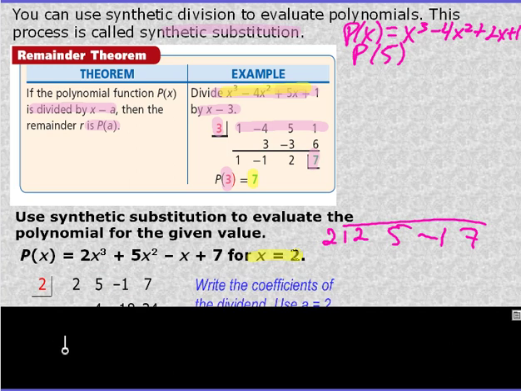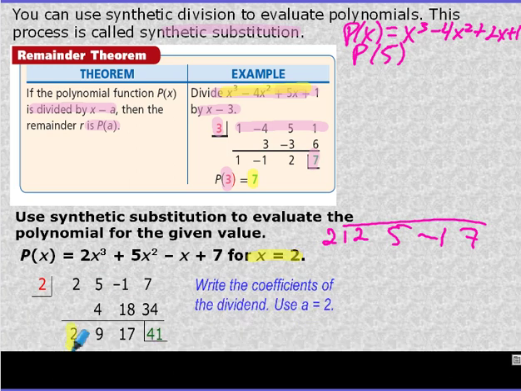We're going to pull down our 2, multiply 2 times 2 to get 4, add 5 and 4 to get 9, multiply 2 times 9 to get 18, add 18 and -1 to get 17, multiply 17 by 2 to get 34, and then 7 plus 34 is 41. So p at 2 for that polynomial is going to be 41.